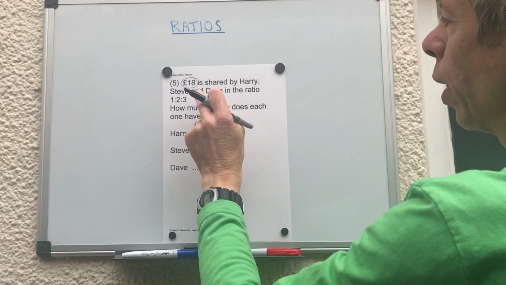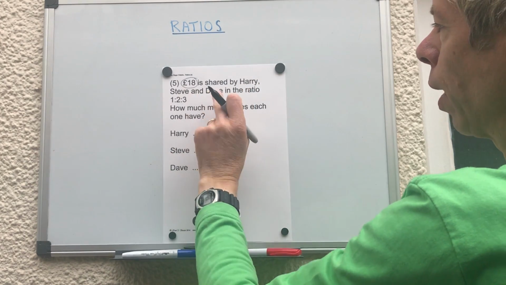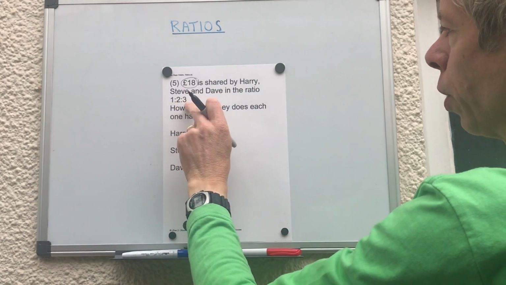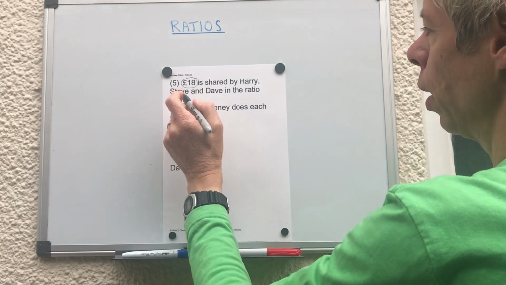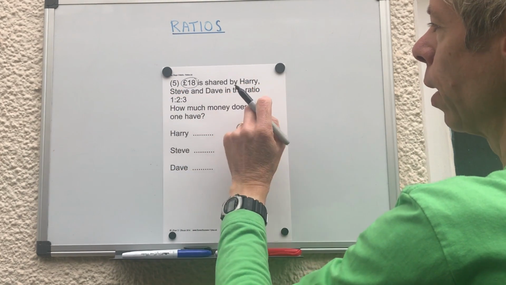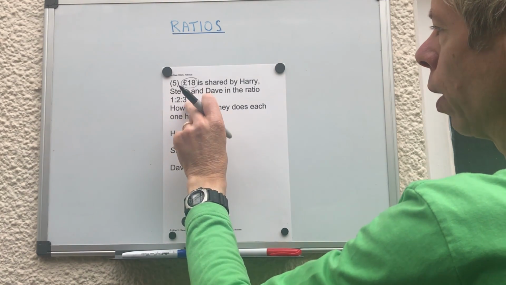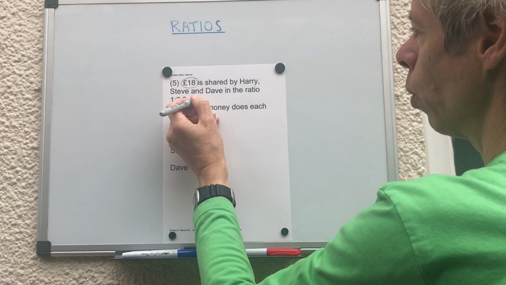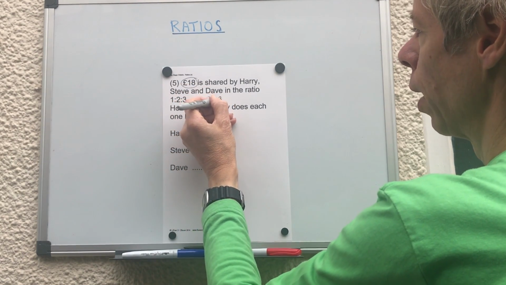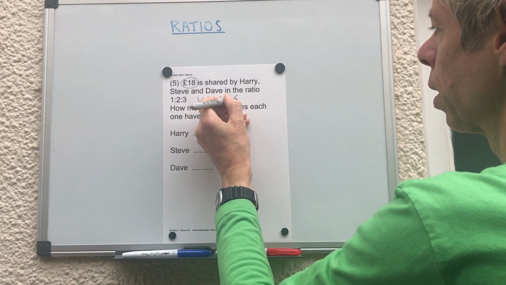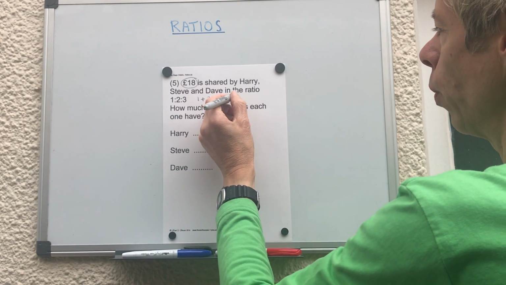We're sharing it between 3 people, Harry, Steve and Dave, in the ratio 1 to 2 to 3. So in other words, in the answer, Harry is going to have half of what Steve has got and a third of what Dave has got. So we add these up, 1 plus 2 plus 3, which is 6.